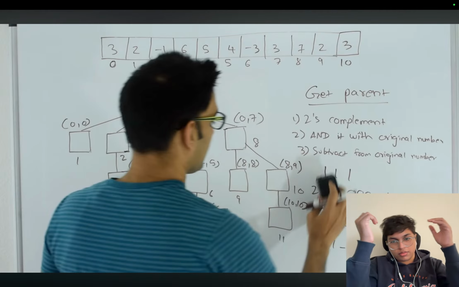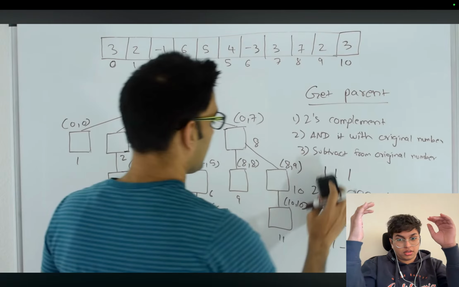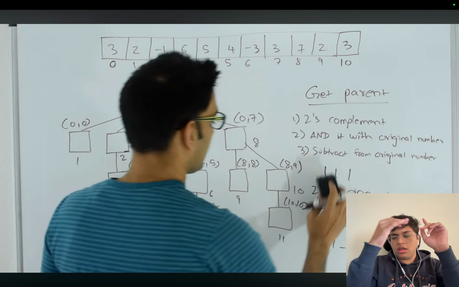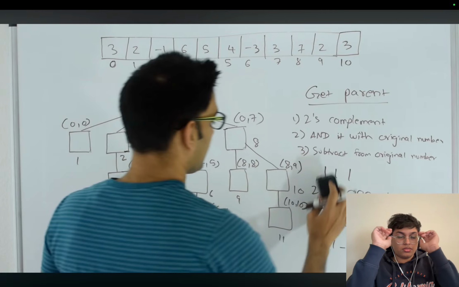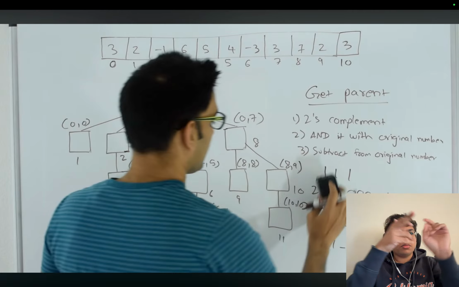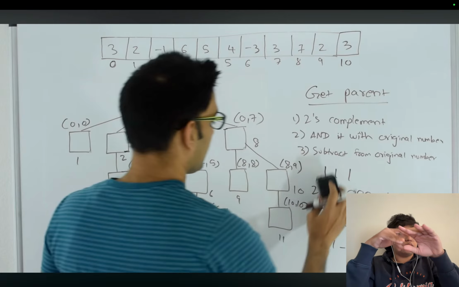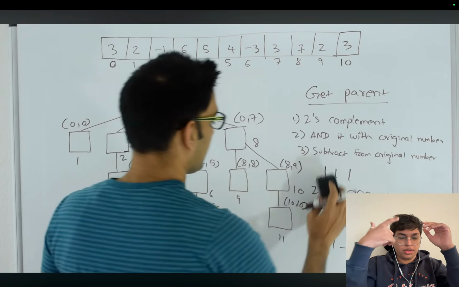So I need to remember these 3 steps to get to the parent. First, 2's complement, then AND with the original number, then subtract from the original number. And we should be good and get the parent.